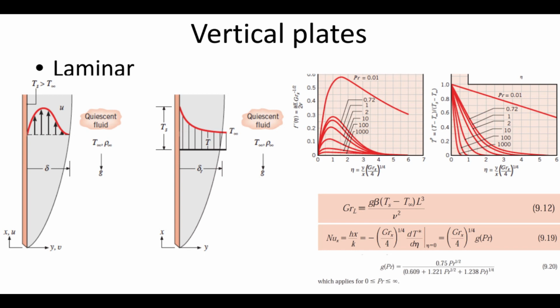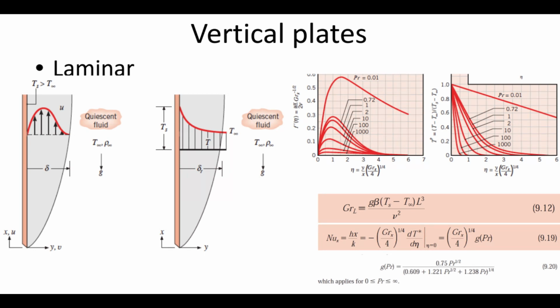In the figure on the left, that's the velocity profile. It is 0 on the plate, and far away from the plate it is also 0 because the air is stationary at the beginning. And the temperature profile is Ts on the plate, and as shown in the right figure, it decays exponentially, similar to what we have for external flows.